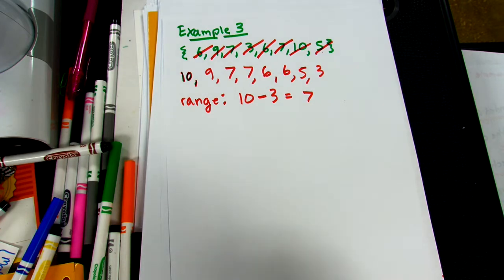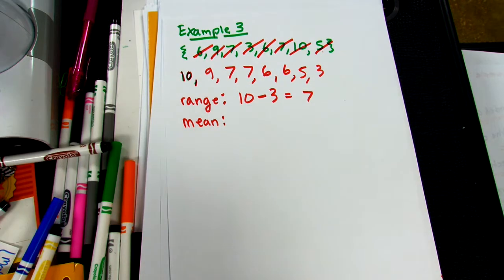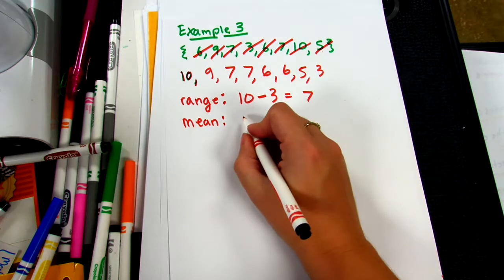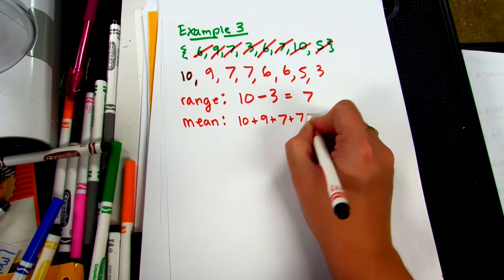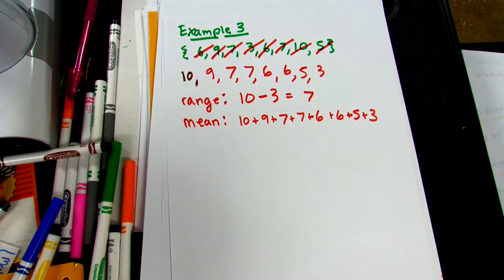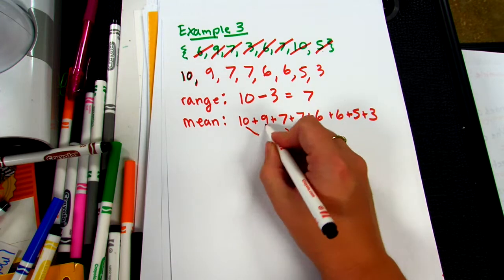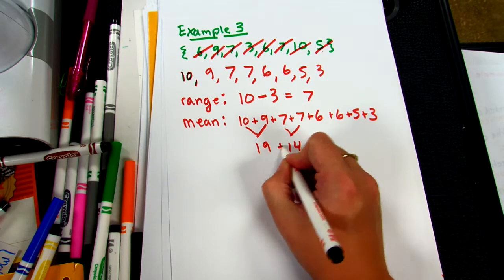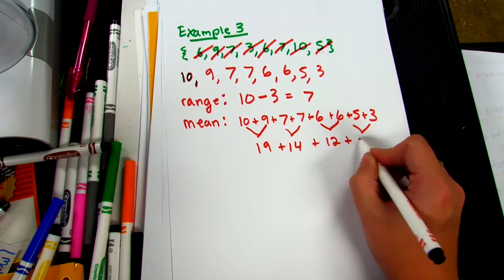All right, so now I want to find the mean. To find the mean, I have to sum the data. So what's the sum? 10 plus 9 plus 7 plus 7 plus 6 plus 6 plus 5 plus 3. All right, so I know that 7 and 7 is 14, and 10 and 9 is 19, and 6 and 6 is 12, and 5 plus 3 is 8.